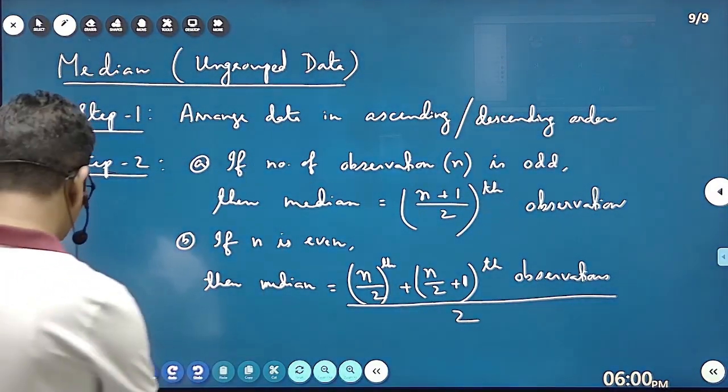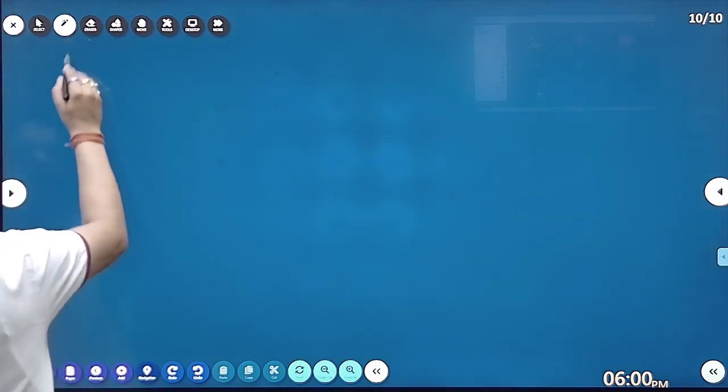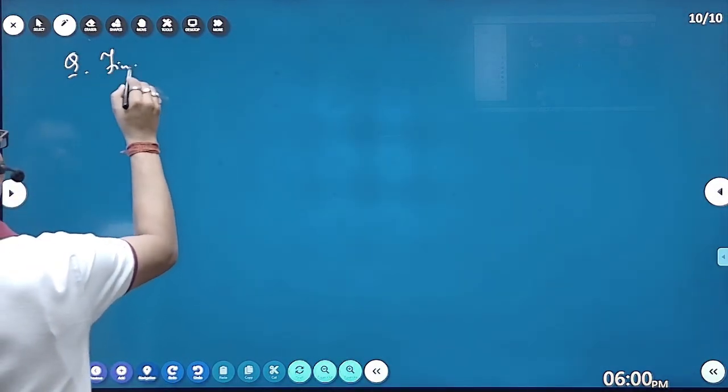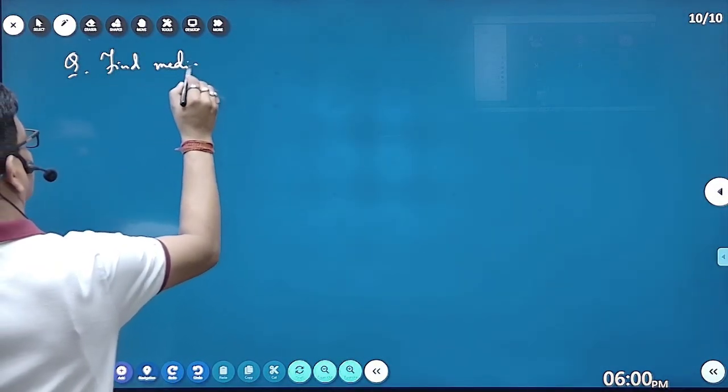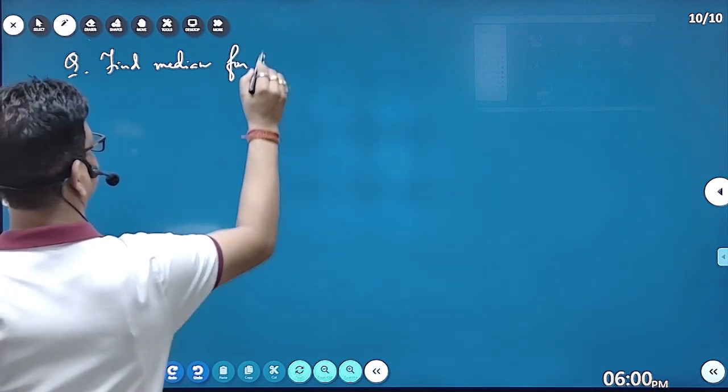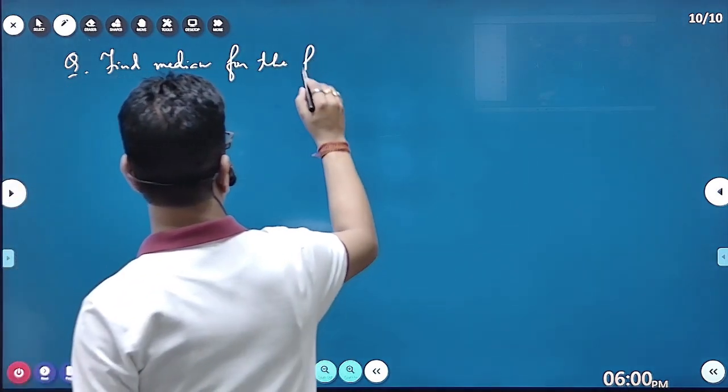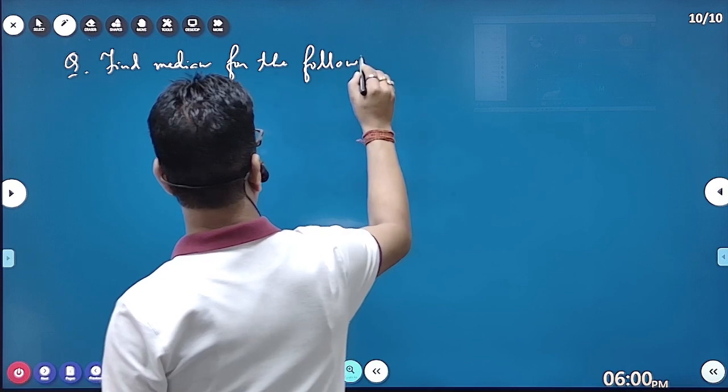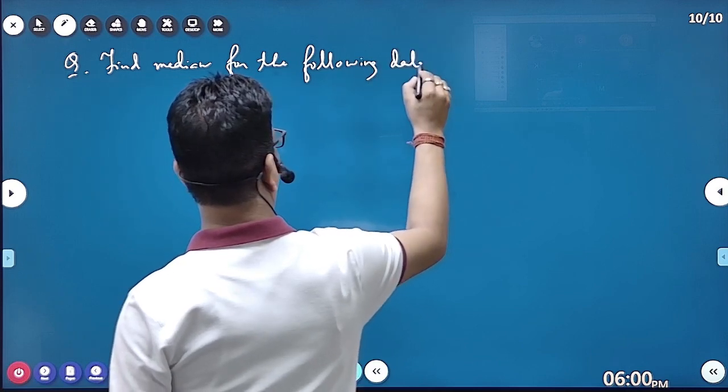All right, so two questions. Find the median for the following data.